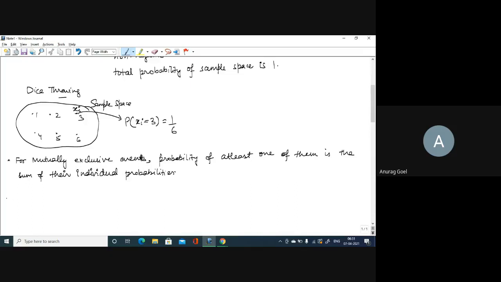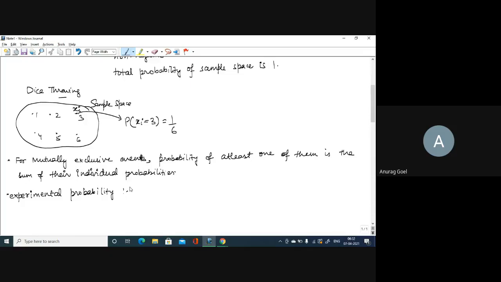Okay, and we have what is known as experimental probability, which is based on the frequency of events. For example, if we are performing some experiment, we don't know what the outcome would be. Let's say we are throwing a dice.